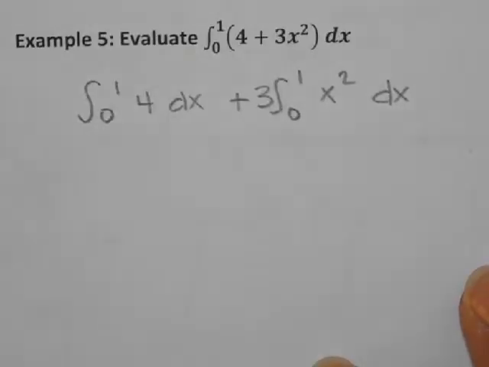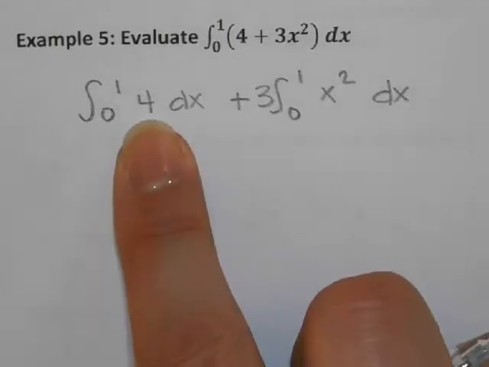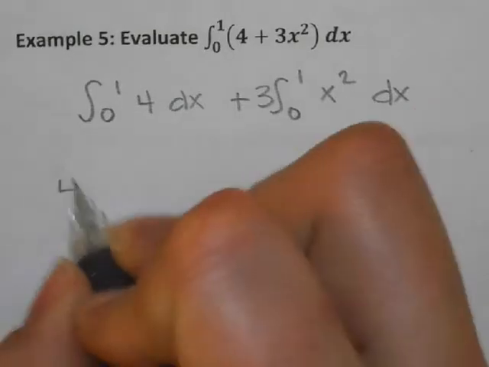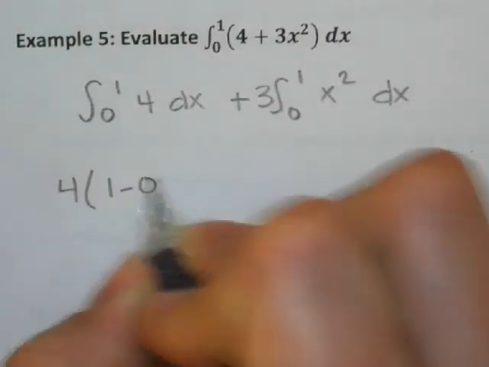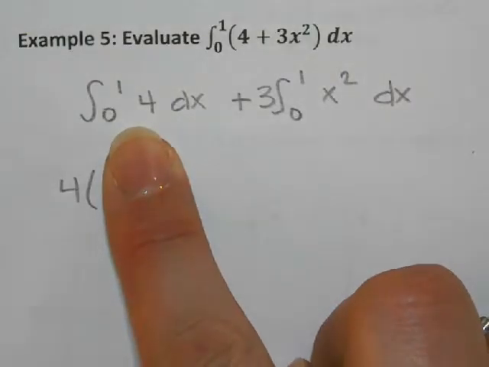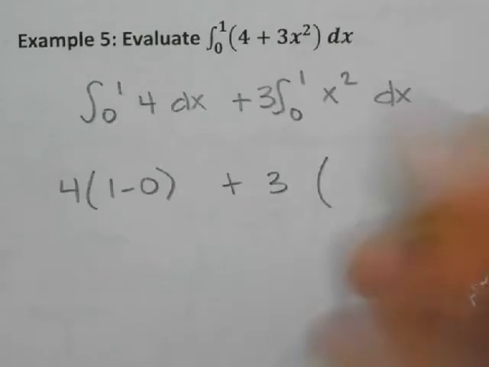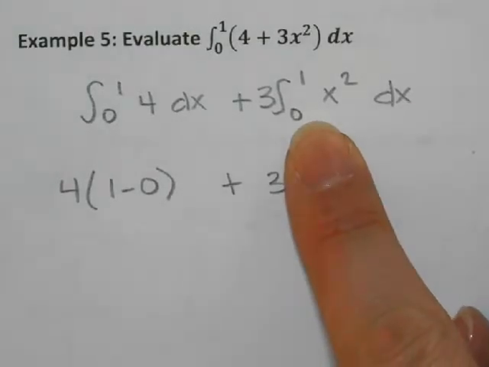So if we use the properties of integrals to solve for this, then for the first one, since that's a constant, we're going to say 4 times upper bound minus lower bound in parentheses. So that's how you evaluate if you have a constant. Plus 3 times whatever result I get for this.